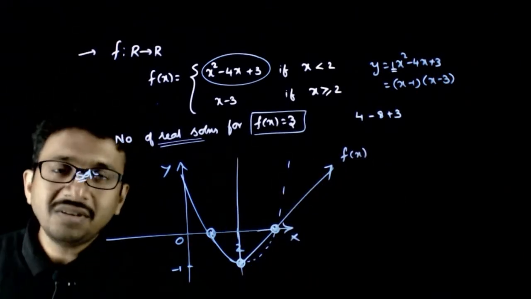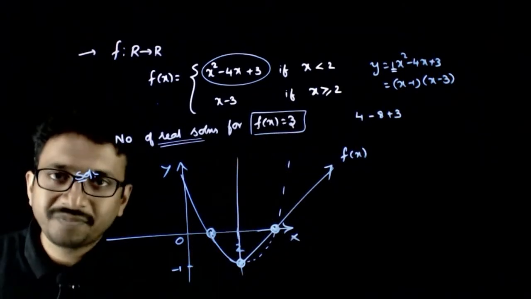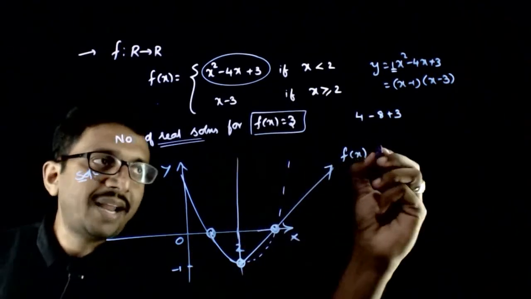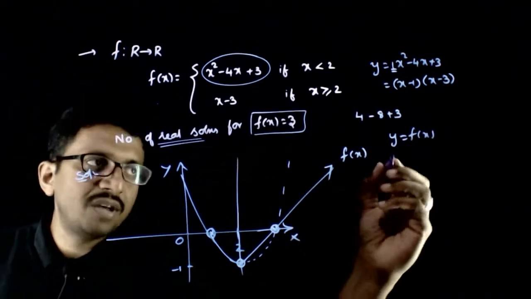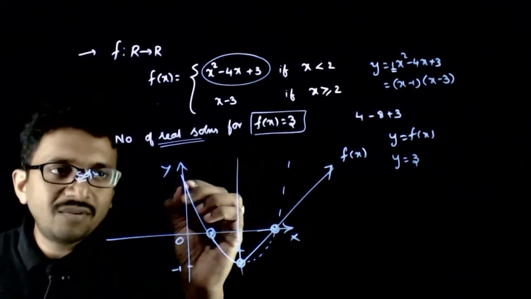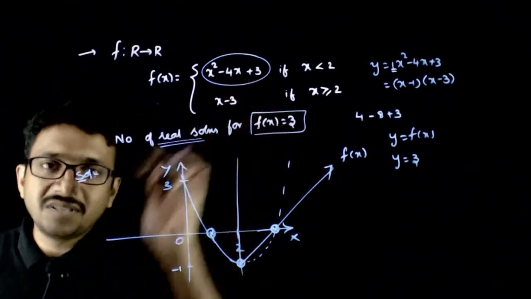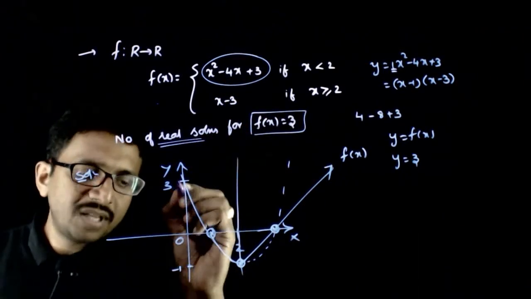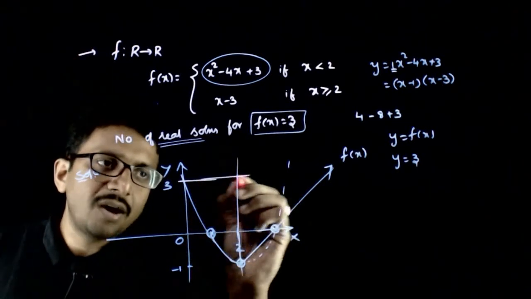Now what is the question? I want the number of real solutions to f of x is equal to 3. I have drawn the graph of y is equal to f of x. Let us draw the graph of y is equal to 3. So if this is 3, when x is equal to 0, this is equal to 3. The graph of y is equal to 3 is a horizontal line.